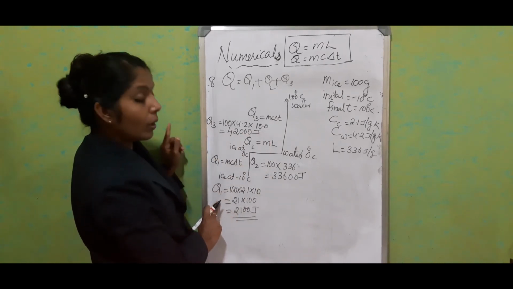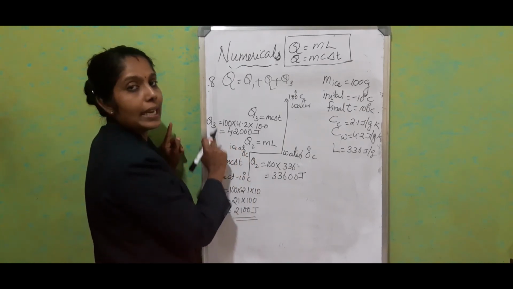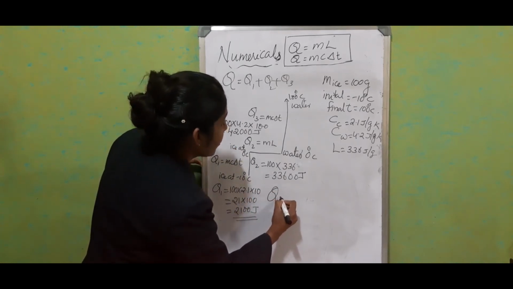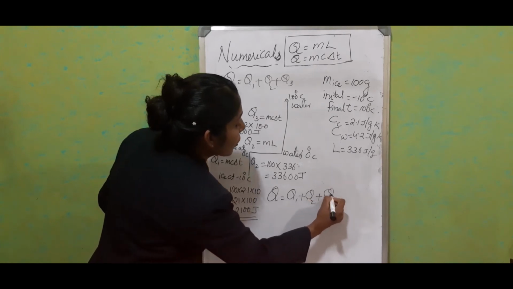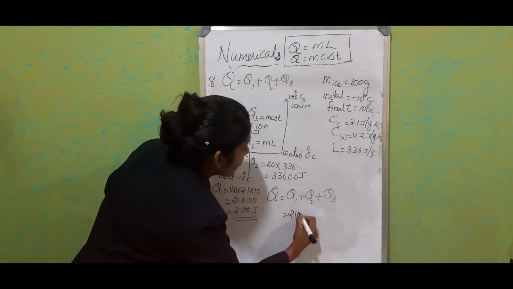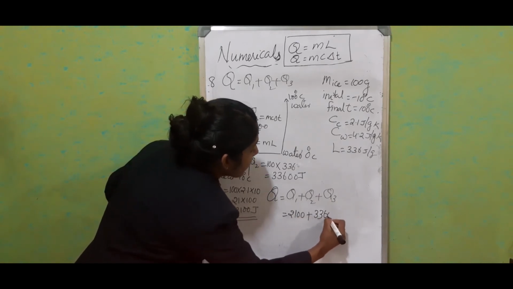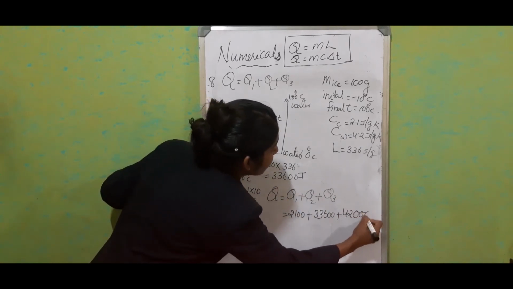So we found what is Q1, what is Q2 and what is Q3. Now we will find the total energy. So Q is equal to Q1 plus Q2 plus Q3, equal to 2100 plus 33,600 plus 42,000.